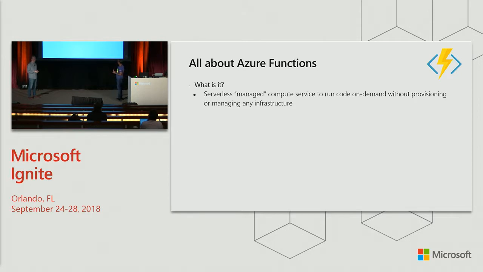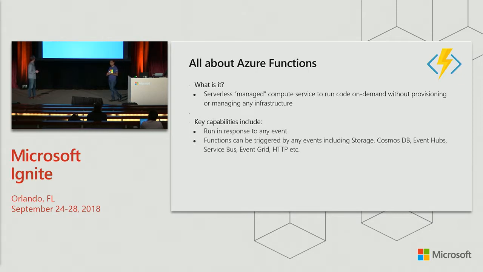And we have native integration with key event sources like Event Hubs, Cosmos DB, storage, Event Grid, Service Bus, and many more, right? So there are triggers, and once you have the triggers, then you can natively bind the data, whether the data is inbound or outbound.